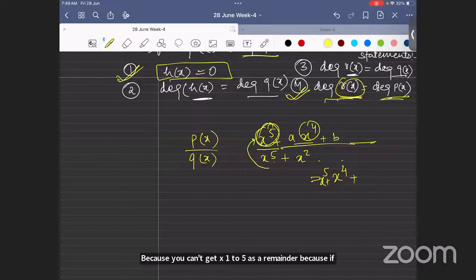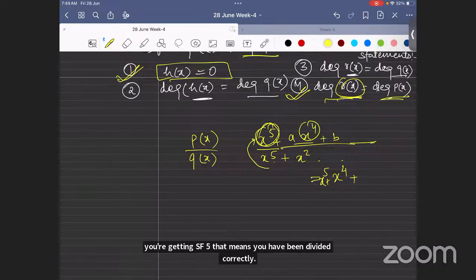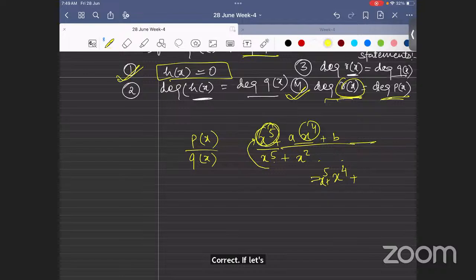Correct. For example, if you are dividing any polynomial of degree 5 by x to the power 5, you can't get the remainder as x to the power 5. You can get anything, but you can't get x to the power 5 for sure. Is this clear? Because you'll be multiplying something to remove this x to the power 5, and after that maybe you will not be able to cut this x to the power 4.